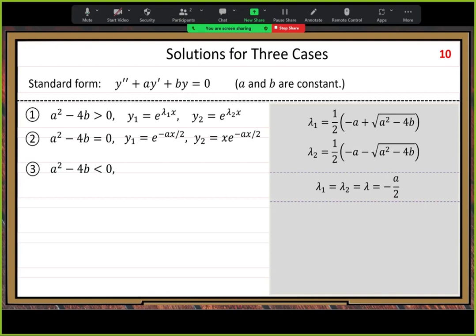Case 3, complex. This time, we need to work with complex numbers. Do not get scared. It's important, especially for you future engineers.